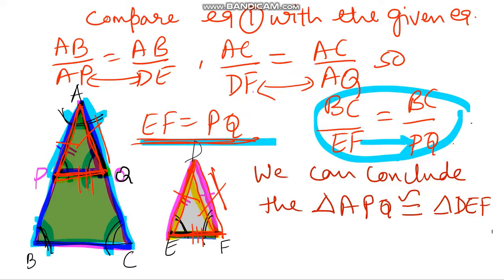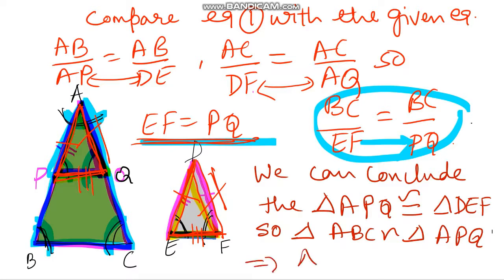So we have already proved that triangle ABC is similar to triangle APQ. So this says that triangle ABC is also similar to triangle DEF. So triangle ABC similar to triangle APQ implies triangle ABC is similar to triangle DEF.